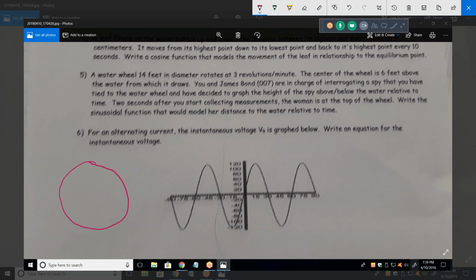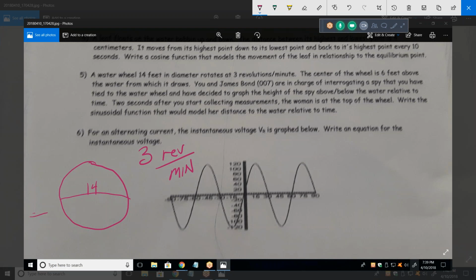A water wheel is 14 feet in diameter. Rotates 3 revs per minute. The center of the wheel is 6 feet above the water, which it draws.